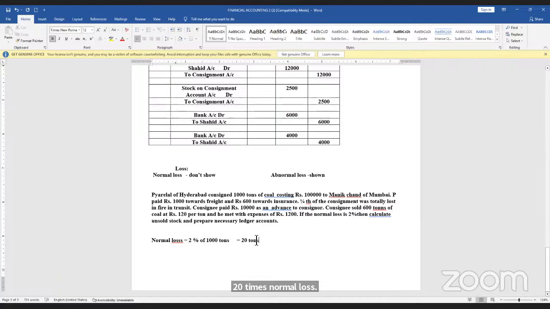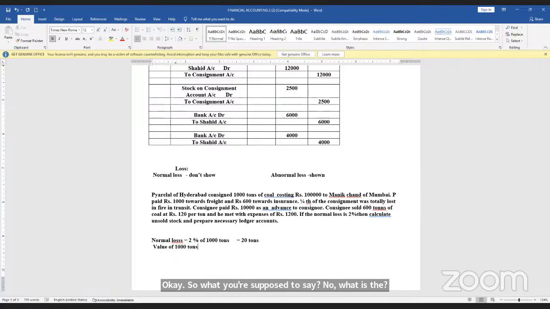Now, what is the value of 1,000 tons actually given to us? Rupees 1 lakh, right? Rupees 1 lakh.